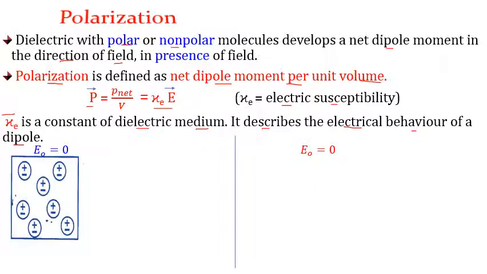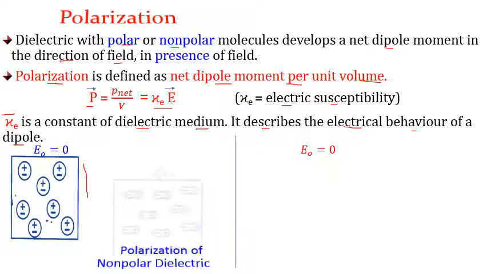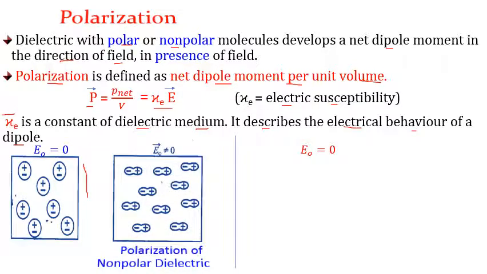Now see here what this figure indicates. When there is no external field, there is no separation between positive and negative charges. This is an example of non-polar. But when an external field is applied, then there is separation between positive and negative charges, or polarization is there.